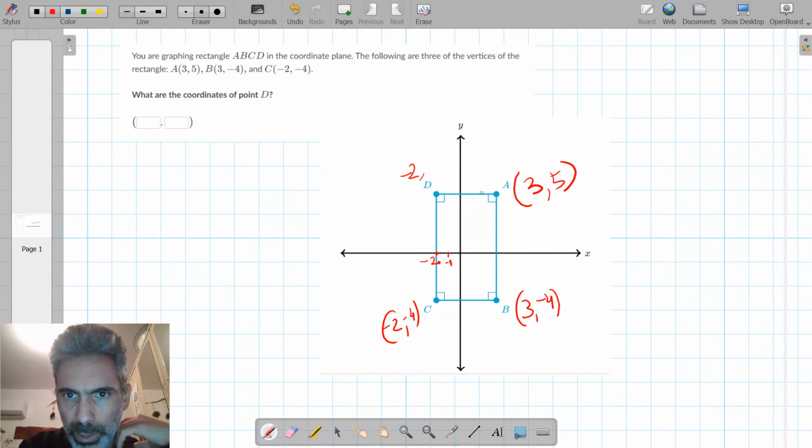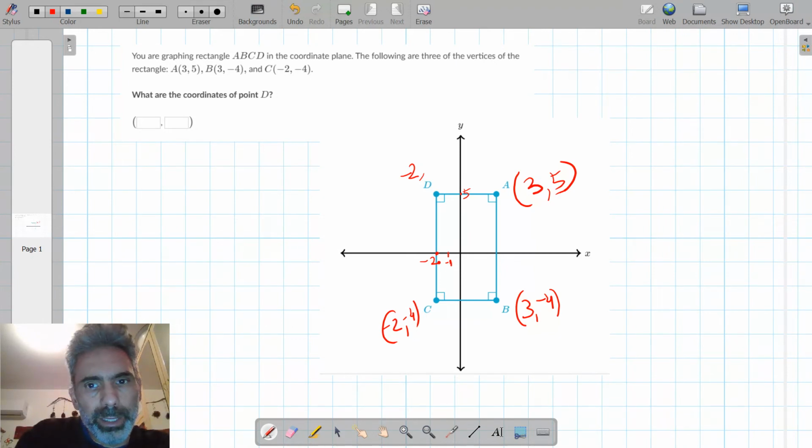The y coordinate of D is the same as the y coordinate of A, which is 5, and the segment AD is horizontal because this is a rectangle and we have a right angle connecting these two sides.